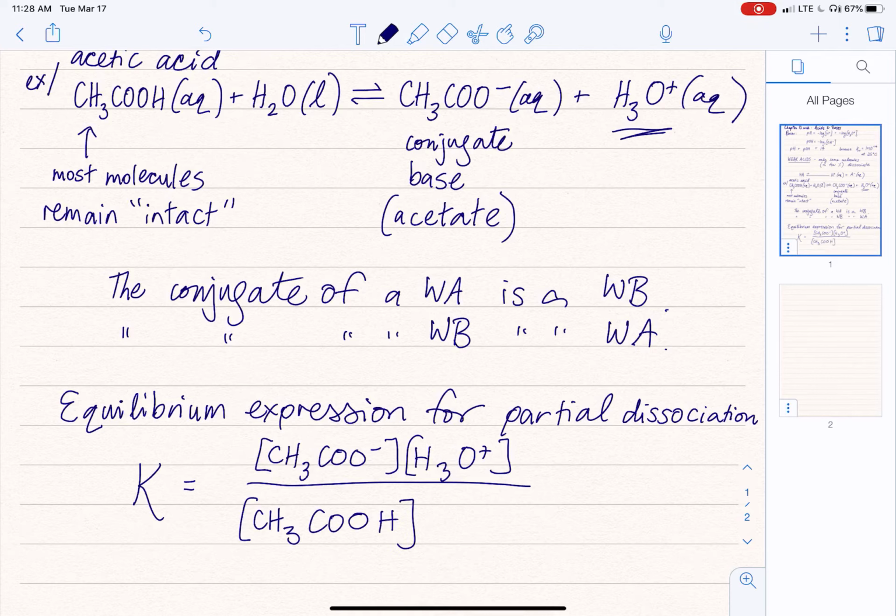I'm going to leave water out of that expression because water is a pure liquid, so it doesn't appear in the expression for K. What's more, I'm going to give this K a special little subscript, a, and I'm going to write it also up here above the equilibrium arrow, Ka. And all that means is that this is an acid dissociation constant for this particular weak acid.